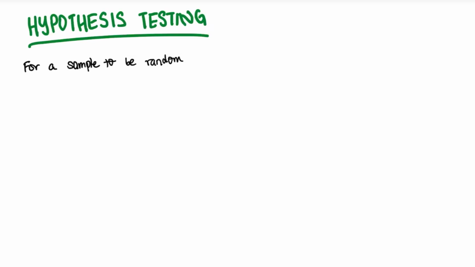For a sample to be random, there are basically two different parts to it. The first is that there is an equal chance of whatever the item is being in a sample.